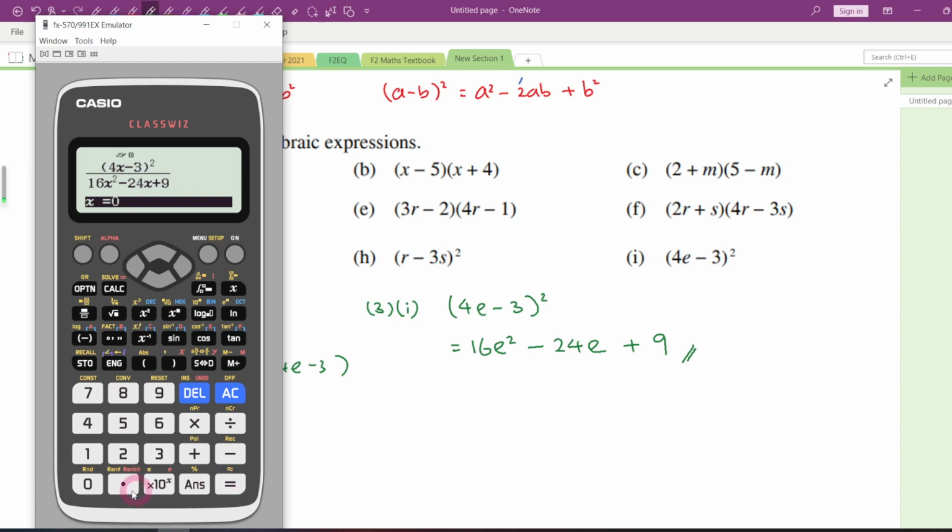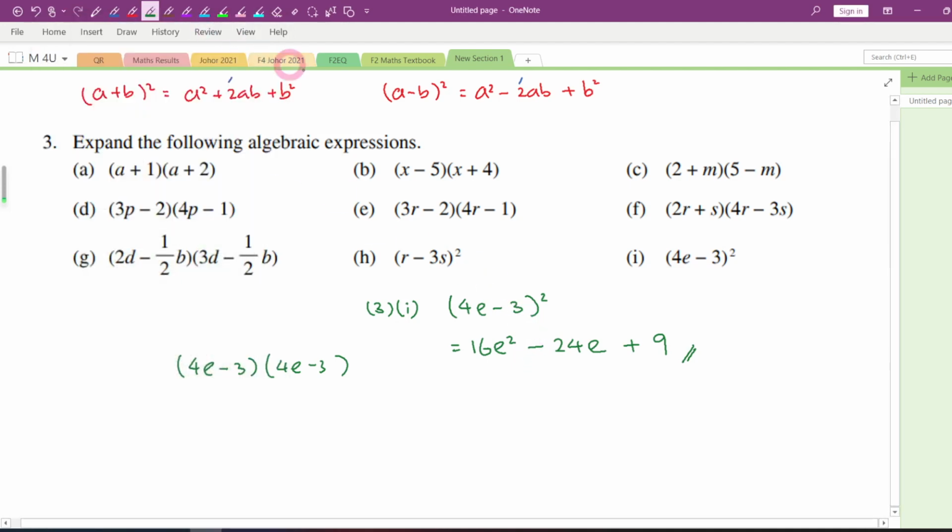So let's say 0. It's okay this time, you get 1. You can plug any other value, 8 for example, you get 1. How about a negative number? Negative 1.2369. You always get 1. So this shows that we actually did the expansion correctly.